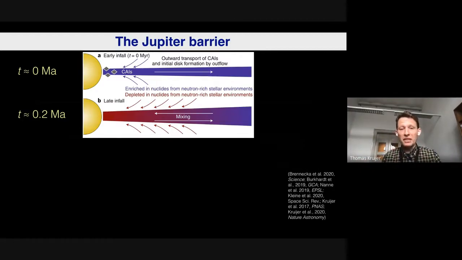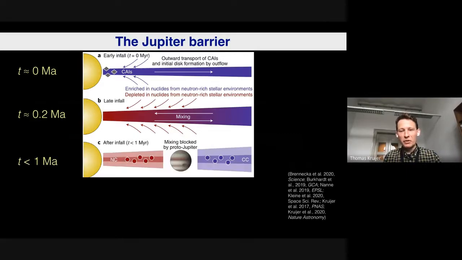But then we're not finished because we need something, as I said, to lock in these different reservoirs for an extended period of time. And what I've proposed in a 2017 paper is that the mixing between these reservoirs was blocked by the formation of a proto-Jupiter, by the core of Jupiter.